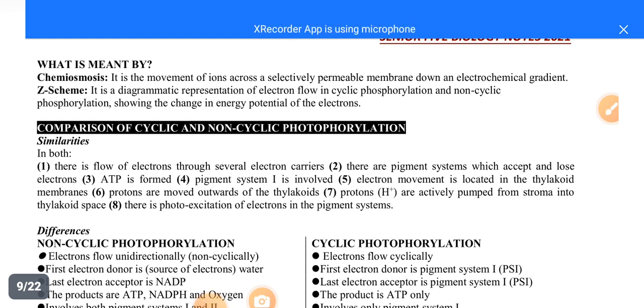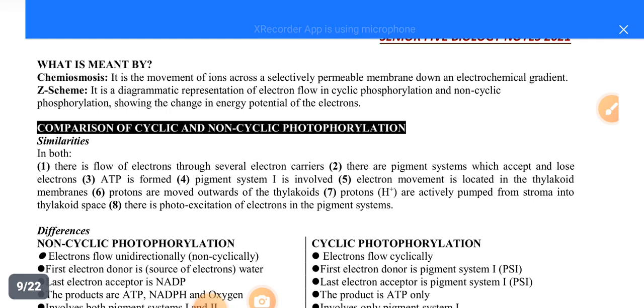Now, today I looked at these terms up there, but let me repeat them so they can ask what is meant by chemosmosis. Chemosmosis is the movement of ions across a selectively permeable membrane down an electrochemical gradient.